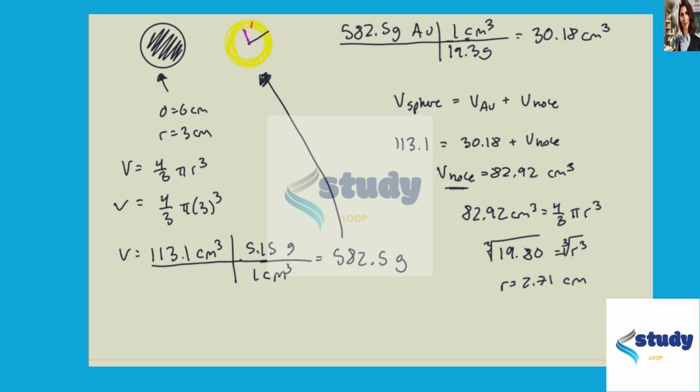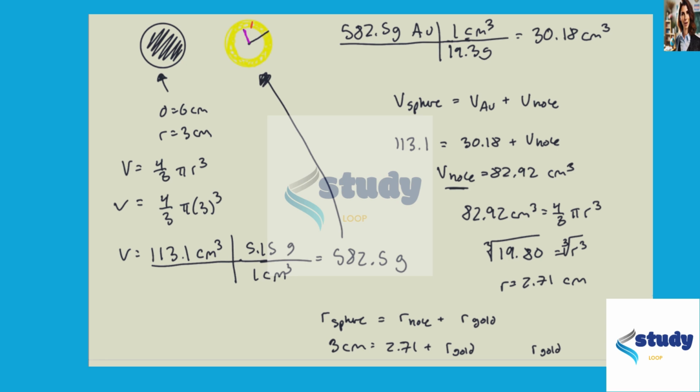So then the radius of the sphere is going to be equal to the radius of the hole plus the radius of the gold layer. So 3 centimeters is equal to 2.71 plus the r of gold.